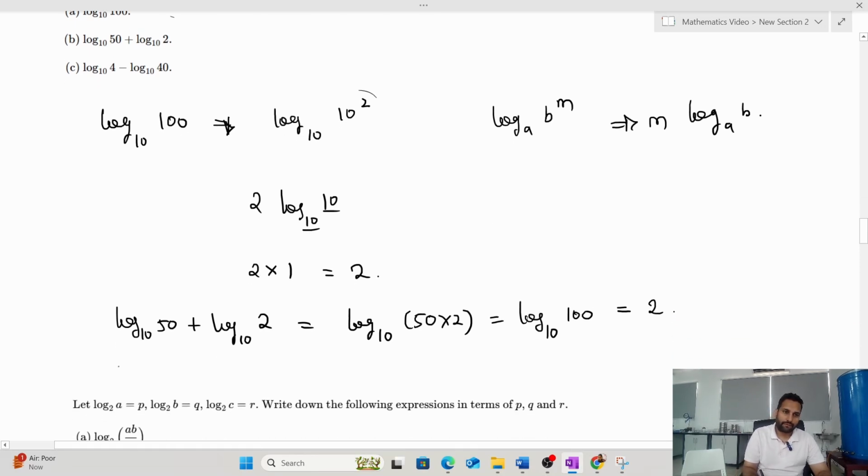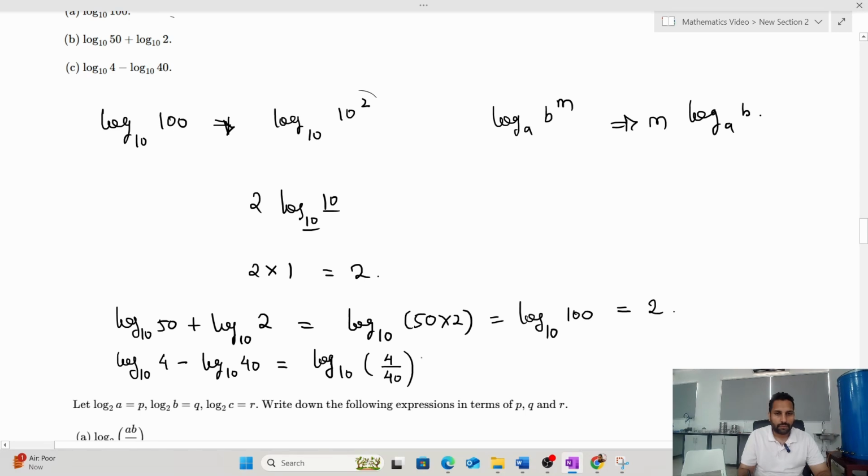Finally, you have log 10 of 4 minus log 10 of 40. This can be written as log 10 of 4 over 40.